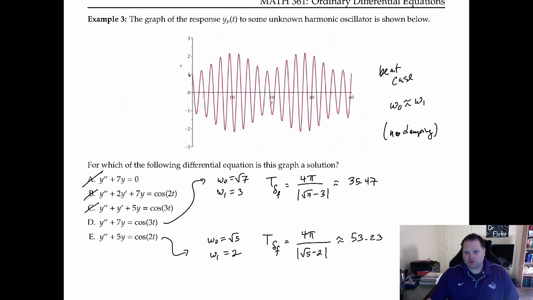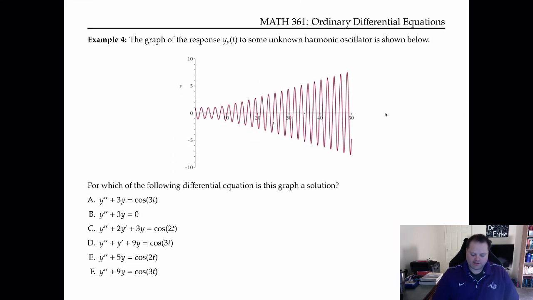And I think that's probably right, because if you look at where this peak is here, it looks like it's matching this peak right here. And they're approximately 35.47 apart. Okay? So the correct answer here would be D.